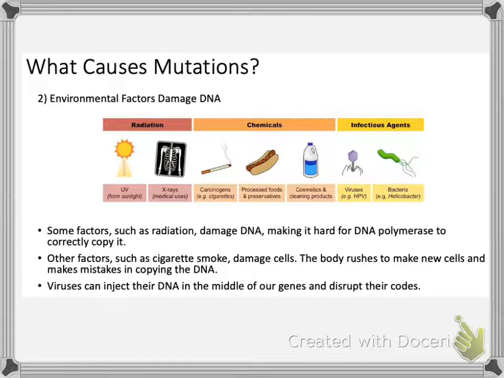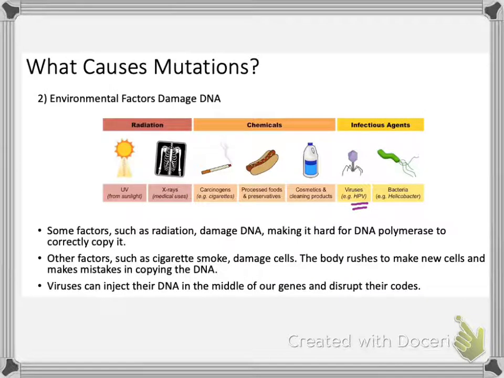Another thing that can happen, and we learned about HPV earlier in the year when we learned about cervical cancer, is that sometimes infectious agents like viruses can lead to mutations, which can then lead to cancer. Viruses inject their DNA into their host cells. If that DNA lands in the middle of a gene, it could change the code of the gene, so now it can't make the protein.